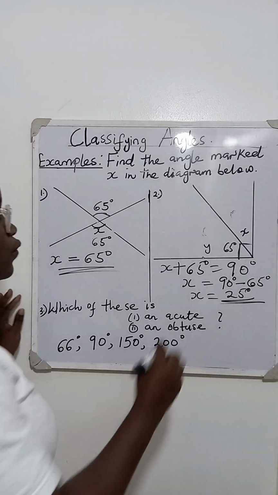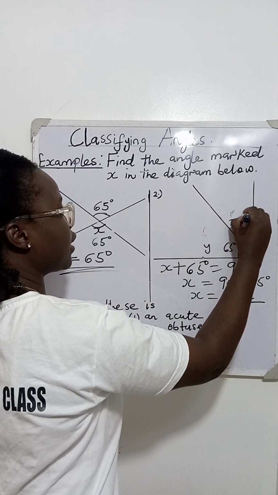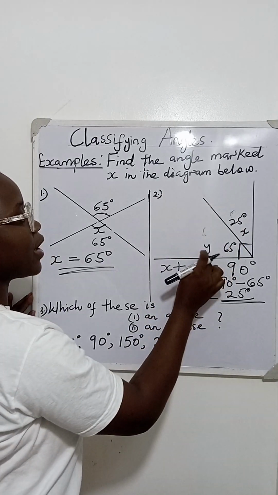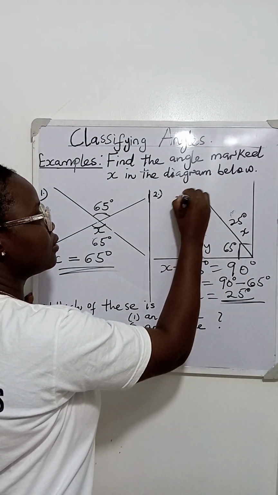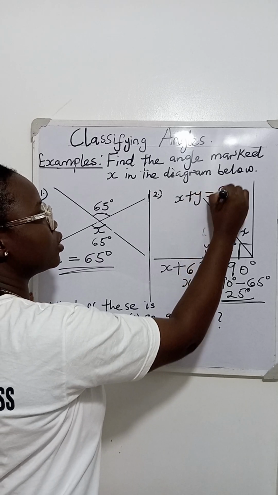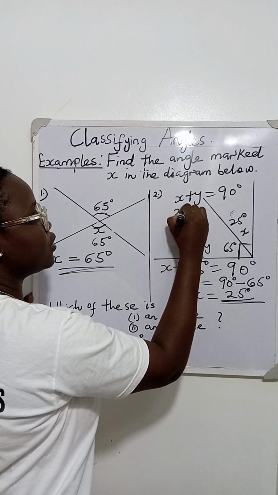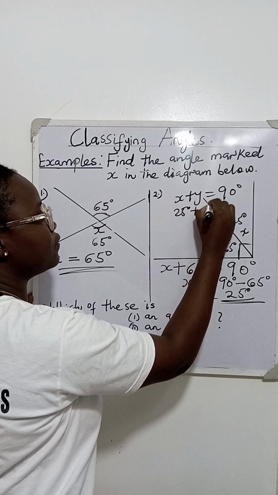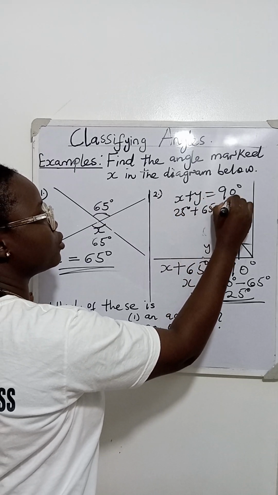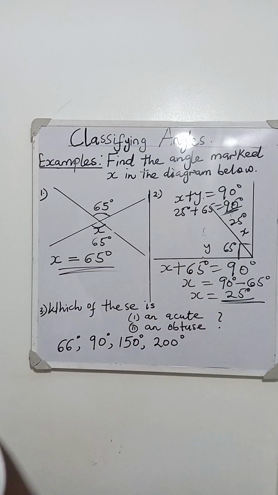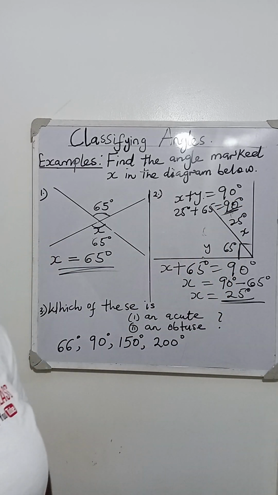And that's the value for x, which is 25 degrees. So in essence, if you add up x plus y, it will be equal to what? 90 degrees. Or you say 25 degrees plus 65 degrees, we sum up to be what? 90 degrees. So that makes it a complementary angle.